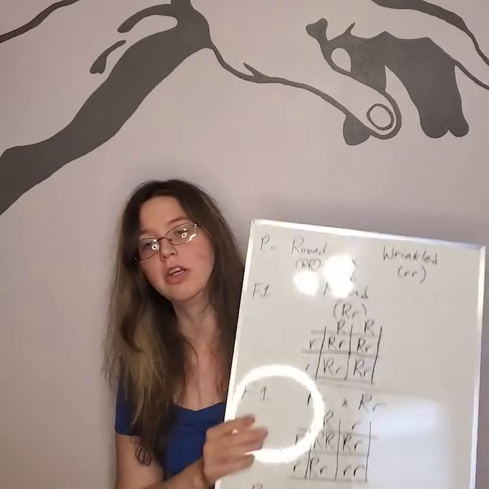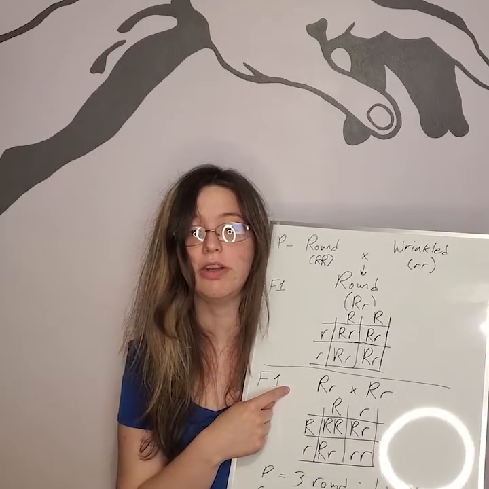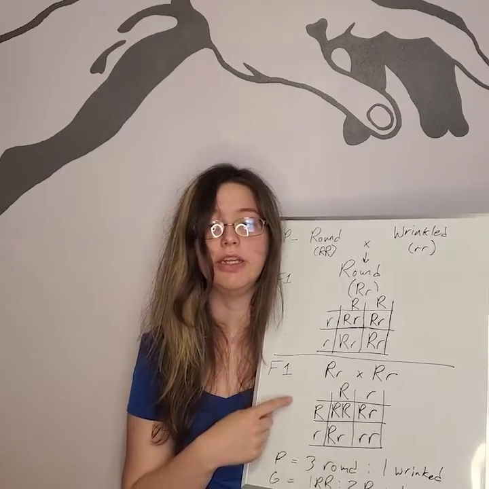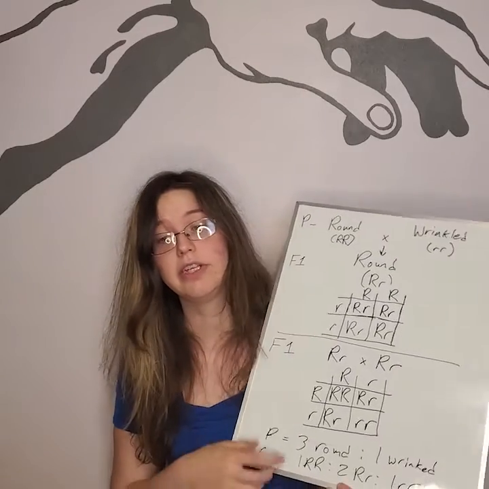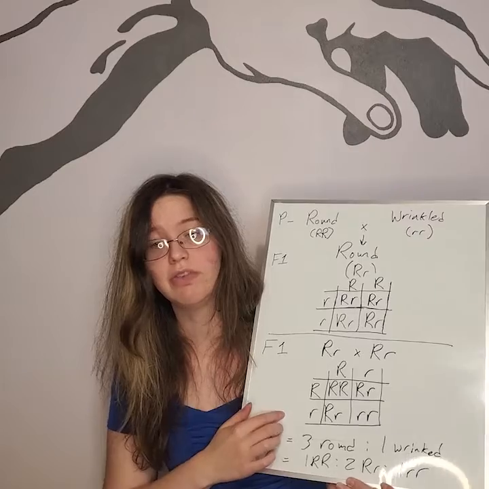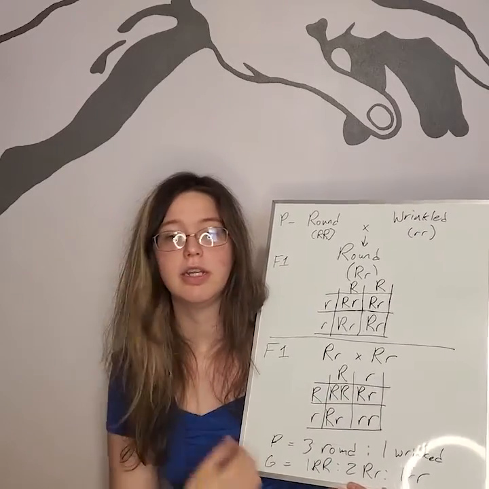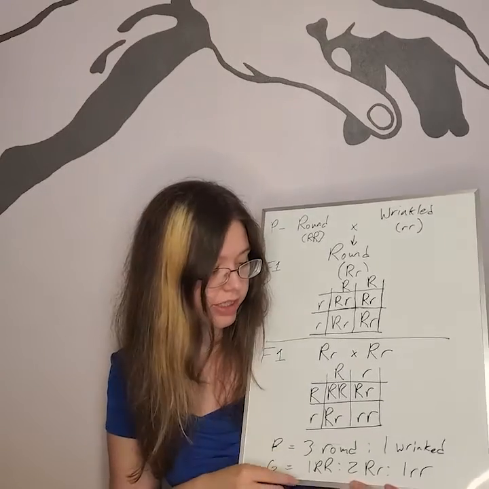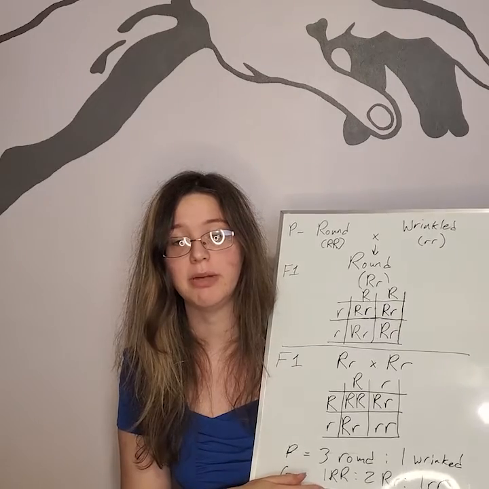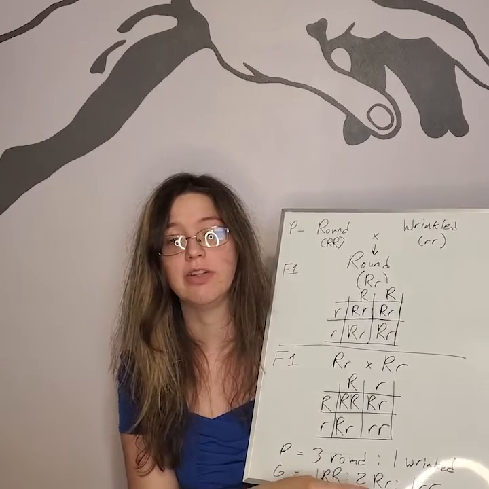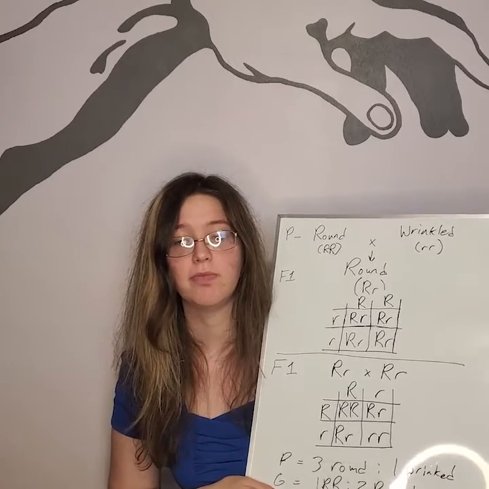So then, he took the F1 generation and crossed it with itself. And then the F2 generation, because of that cross, had 3 seeds that were round to every 1 seed that was wrinkled. Now for this one, we've got a genotypic ratio that has 1 homozygous dominant for every 2 heterozygous to every 1 homozygous recessive, just like the last time.